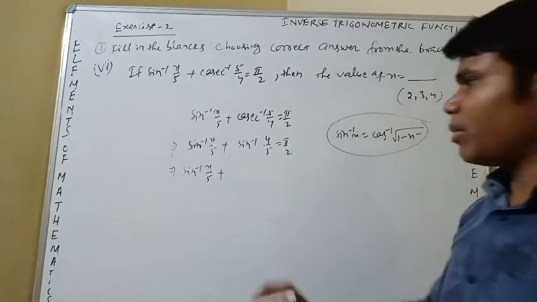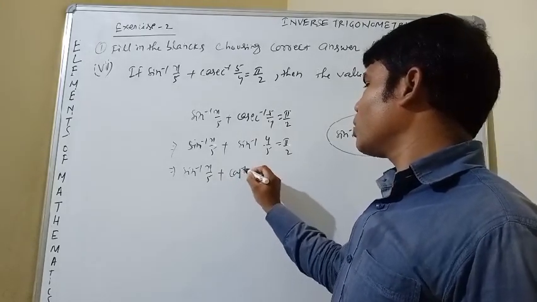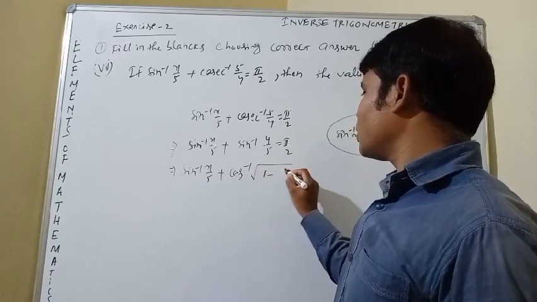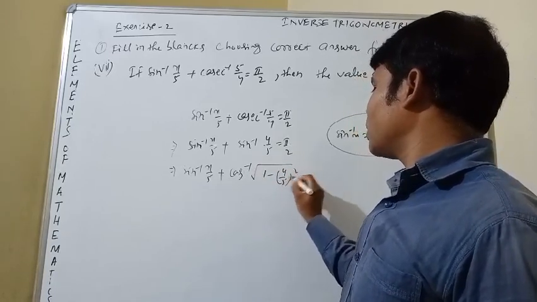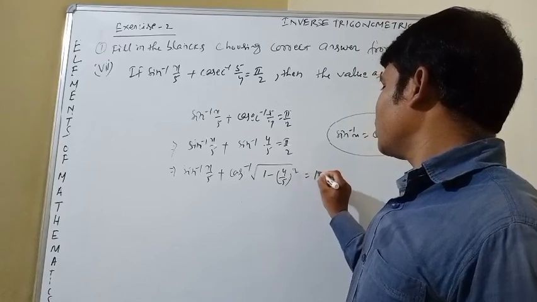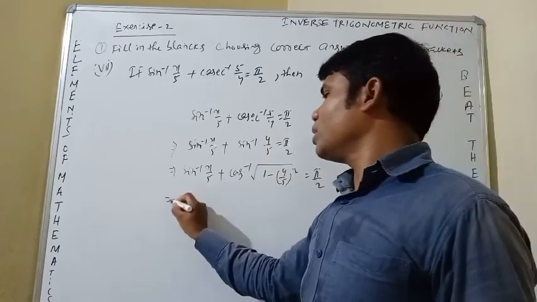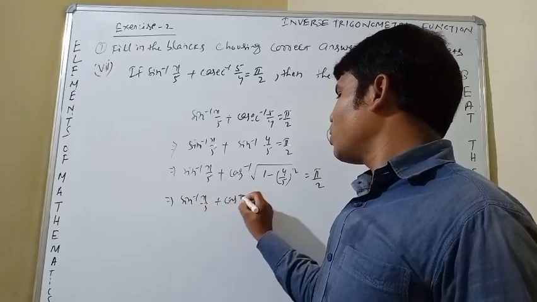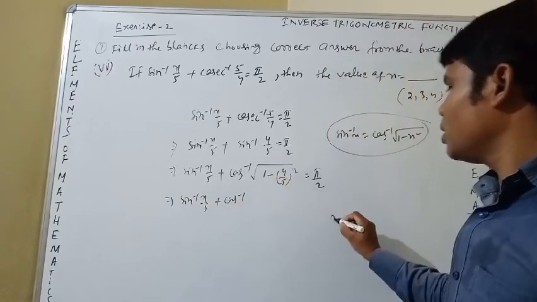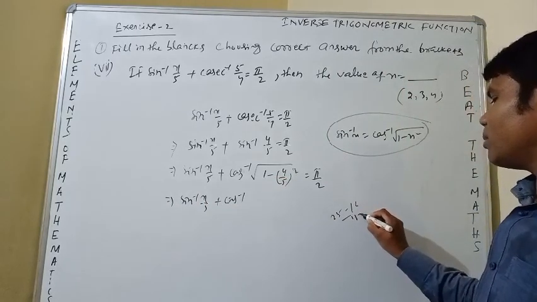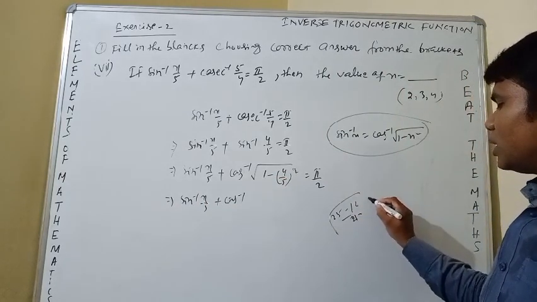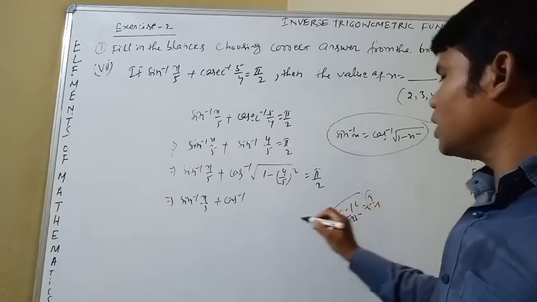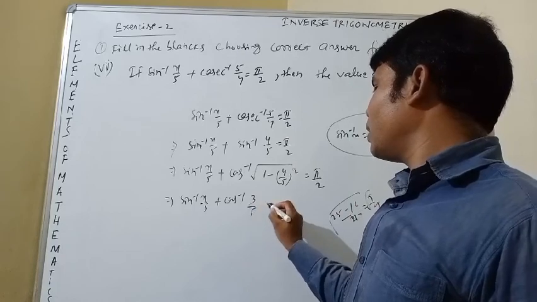This is equal to cos inverse root over 1 minus 4 by 5 whole square, okay, is equal to pi by 2, implies sine inverse x by 5 plus cos inverse, this is equal to 25 minus 16 by 25 root, that is 9 by 25 root, that is 3 by 5, is equal to pi by 2.